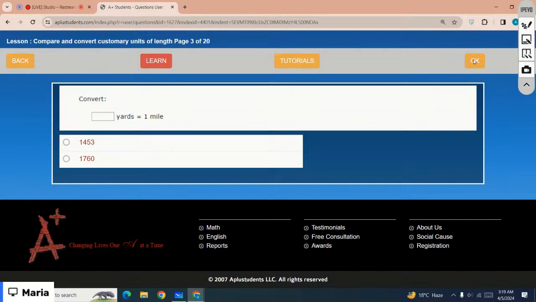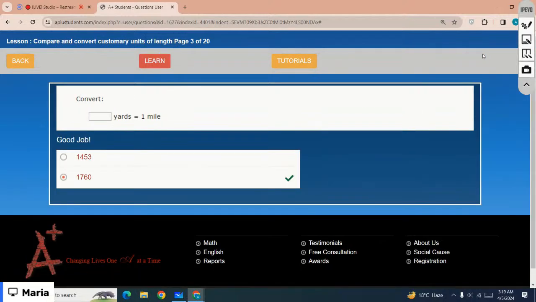Option number 2 is the correct option, right? 1 mile is 1,760 yards, right?